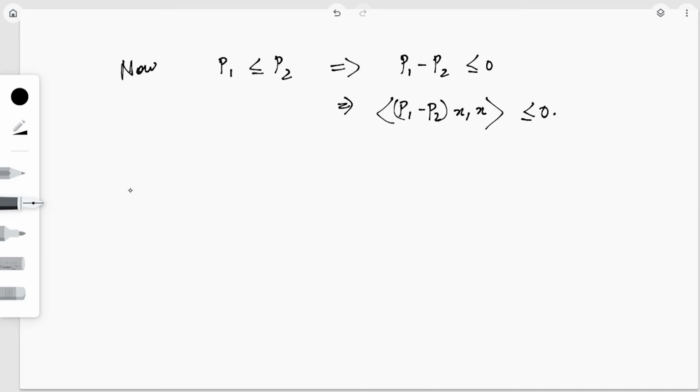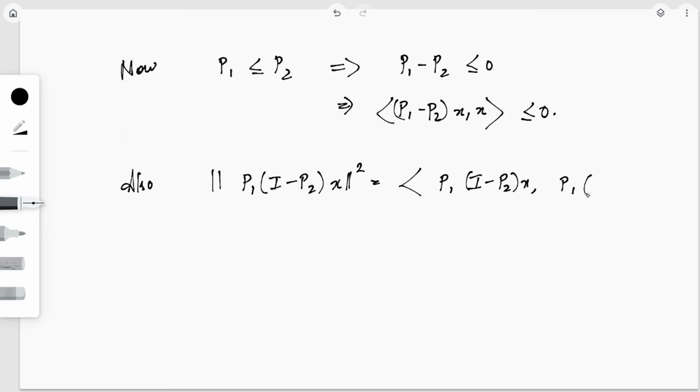Okay, also the norm of P1 into (I minus P2) of X whole square is nothing but the inner product, I'm just opening this, of P1 (I minus P2) of X comma P1 (I minus P2) of X. So now, since P1 is less than or equal to P2, I can write this as less than or equal to the inner product P2 (I minus P2) of X comma P1 (I minus P2) of X.